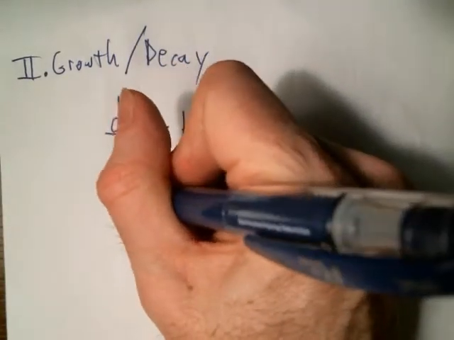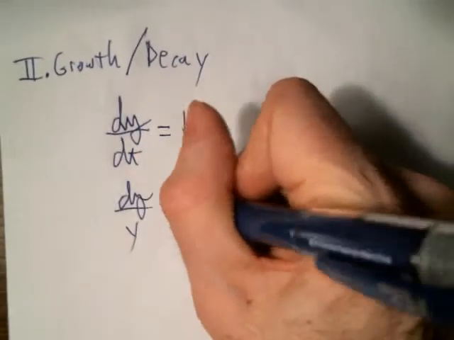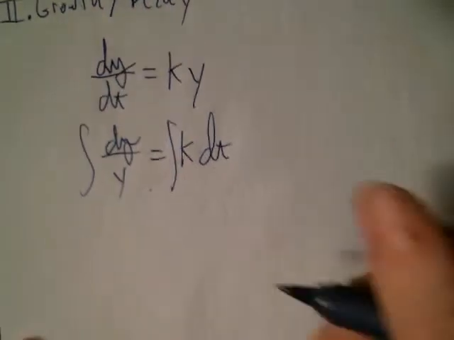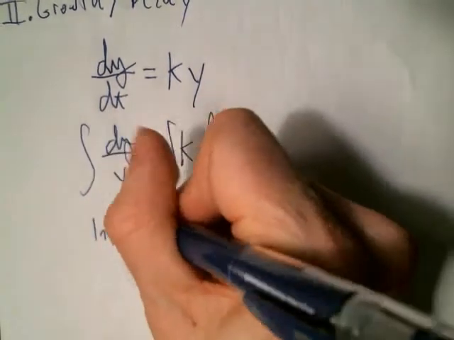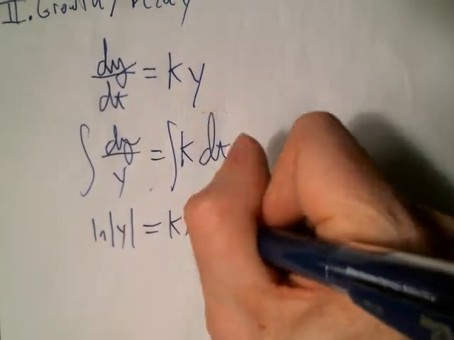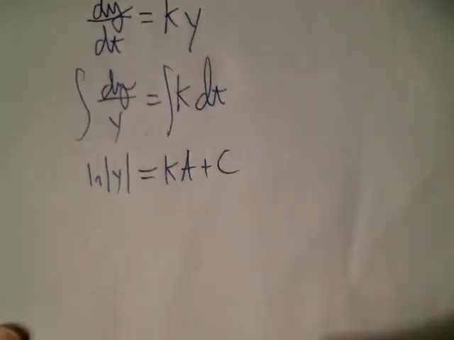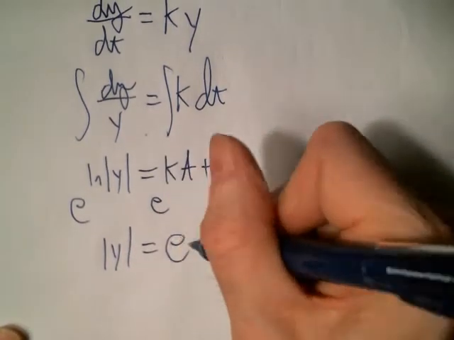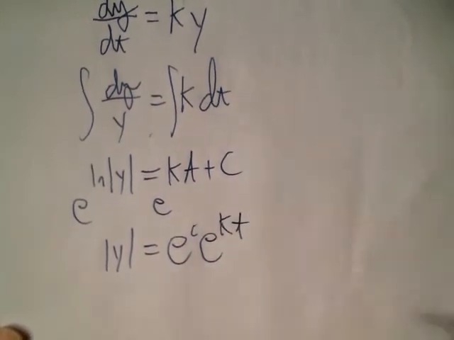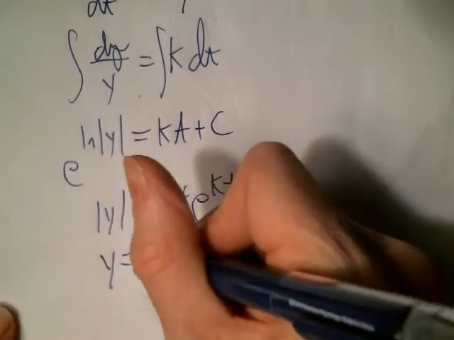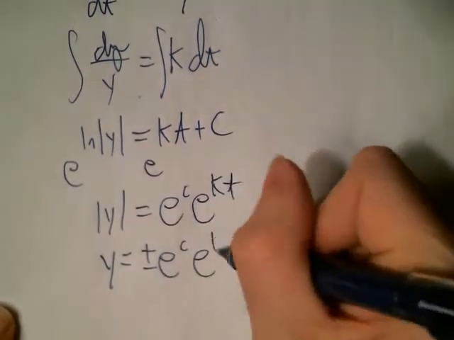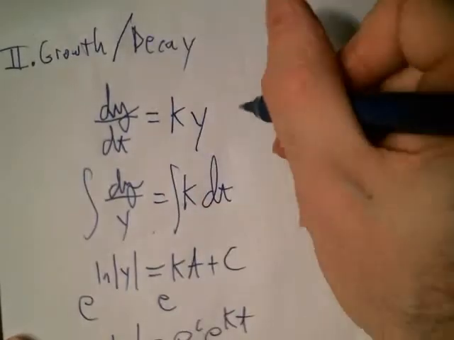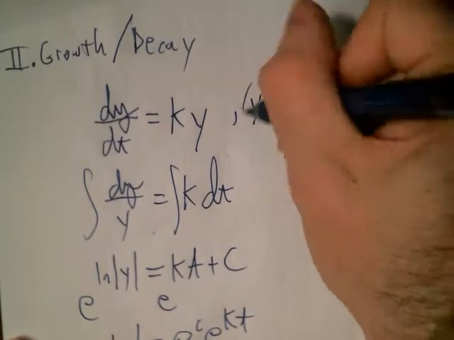So in particular, let's separate the variables, integrate both sides, exponentiate both sides, drop the absolute values. We'll say this can be replaced. Obviously, the trivial solution, y equals 0, is there.